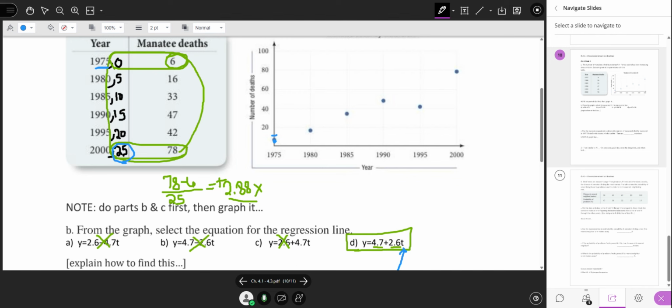So halfway between here. And these dots are really big, so it's going to give you a pretty good size range of values.